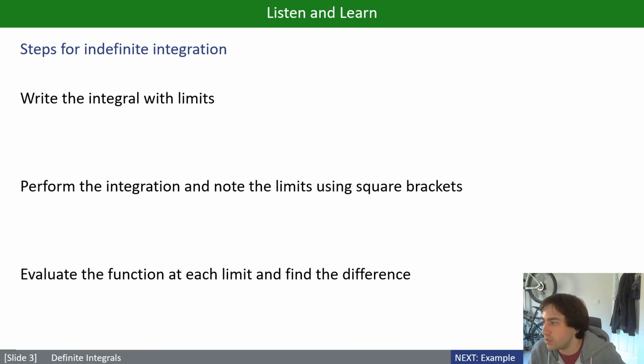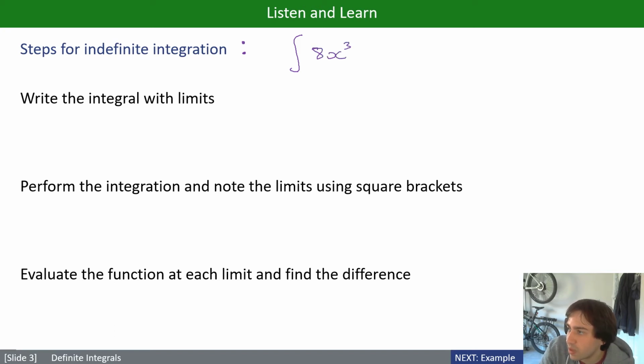Okay, so here are the steps for definite integration, and I'm going to follow the steps using a specific example. So let's make one up. Let's say I'm doing the integral of, let's say, 8x cubed. And because it's definite, it means there's going to be some numbers, one on the bottom of the integral sign and one on the top.